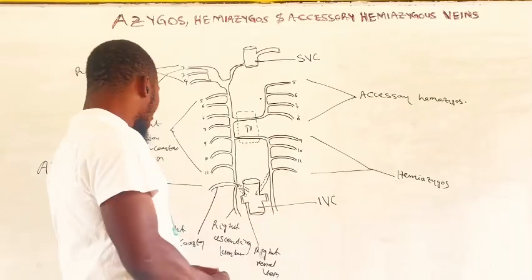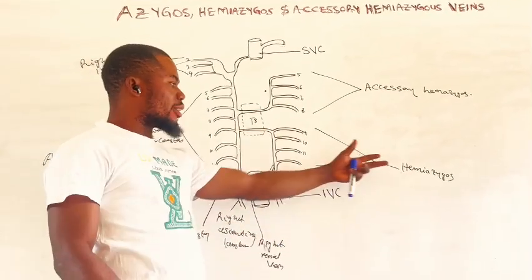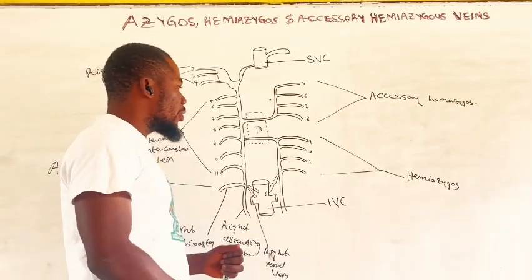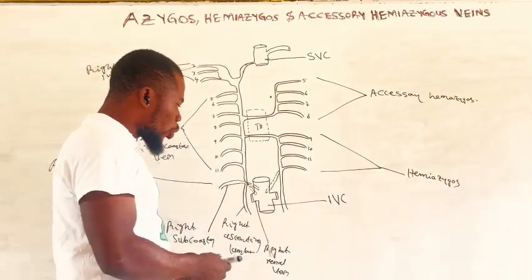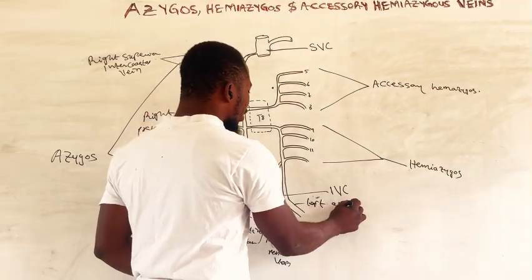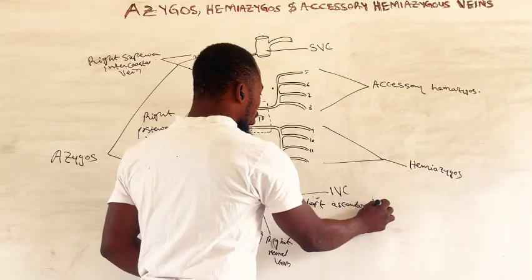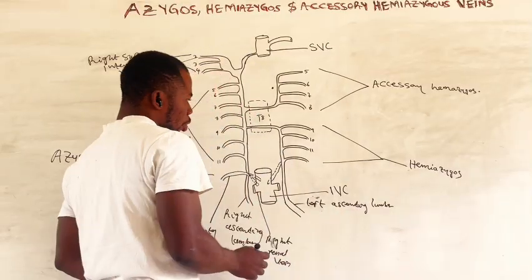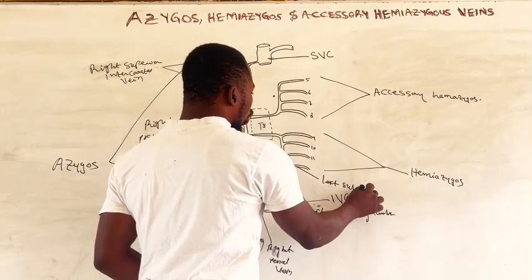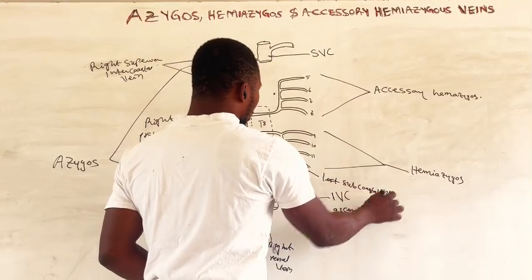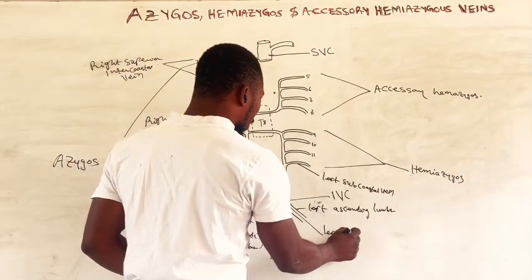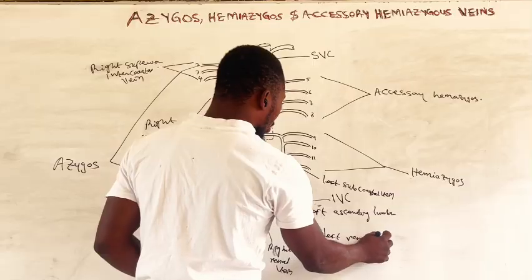Now, to the left side, the lower part is the hemiazygos vein, corresponding to the lower part of the azygos vein. The hemiazygos vein is formed majorly by the union of the left ascending lumbar, the left subcostal vein, and the left renal vein.